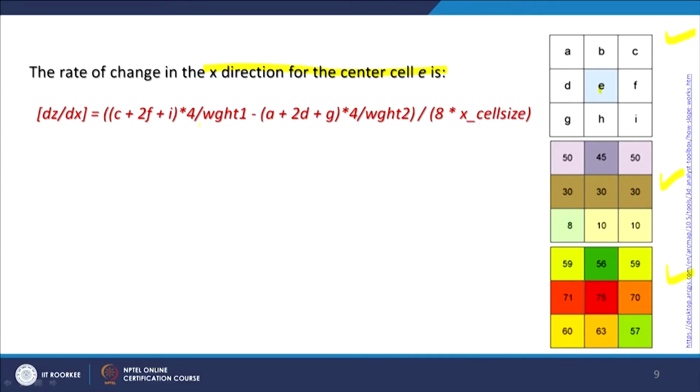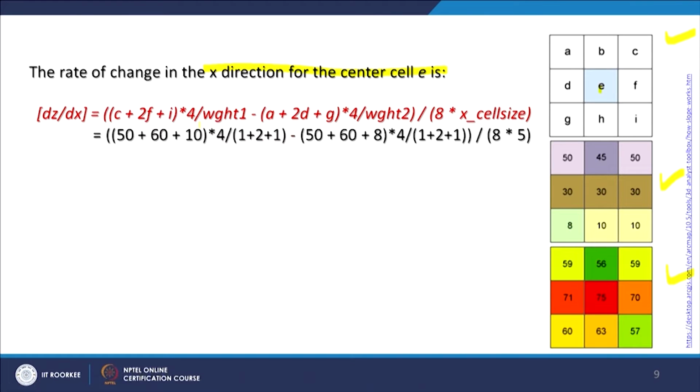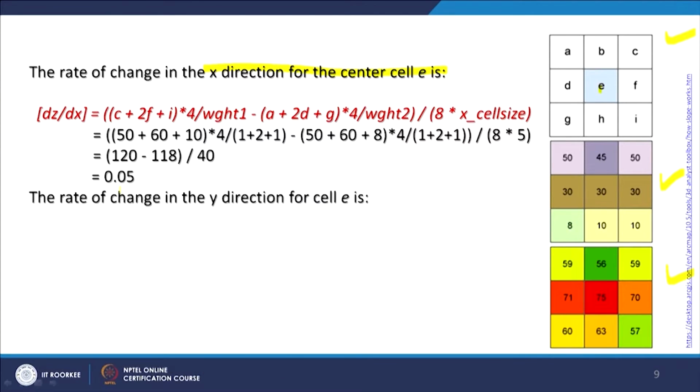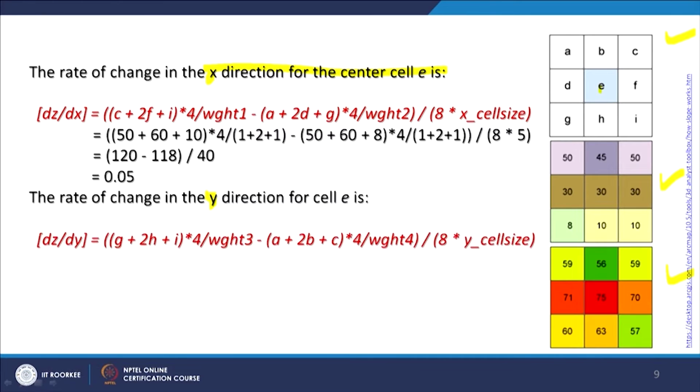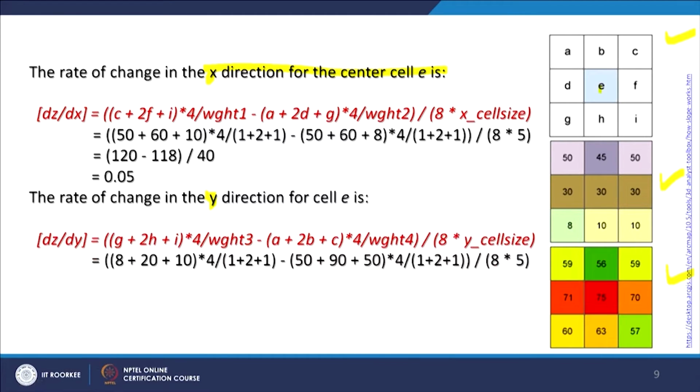If these values are substituted in the above equation in red, this is what the calculation ends with, and ultimately we get 0.05 in one direction. That was for the x direction; for the y direction similar calculations are done, and substituting those values I get minus 3.8.